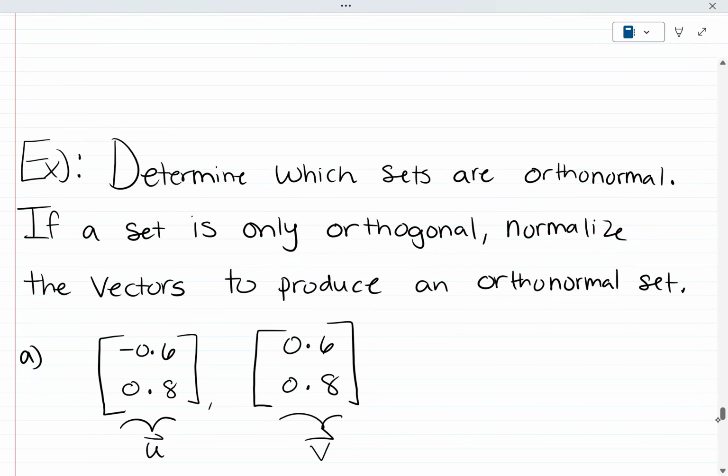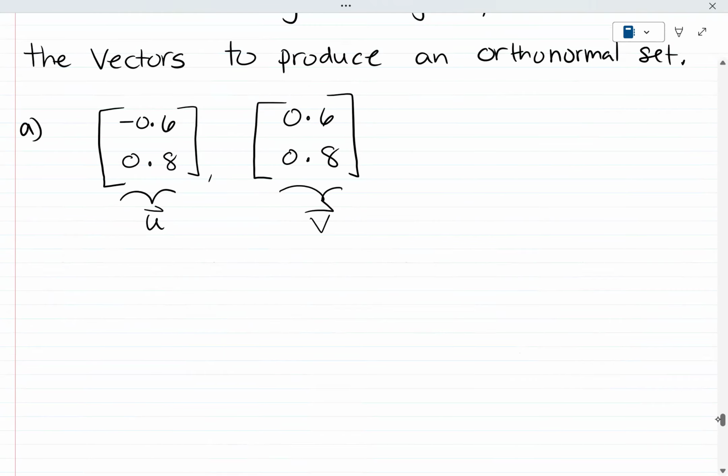They're almost the same. The only difference is one's like the negative. Vector u is this vector, and vector v is this. Almost identical, right?